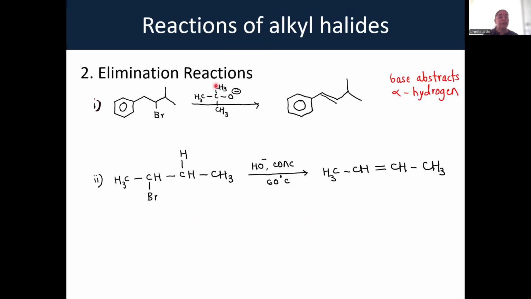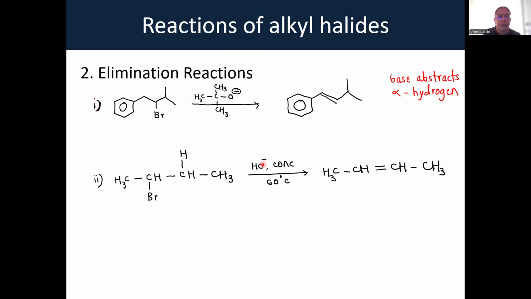Apart from substitution, as I mentioned, there are elimination reactions. Let us see the second example as a simple example of elimination reaction. When you treat an alkyl halide with a very concentrated solution of OH minus at an elevated temperature, then instead of undergoing substitution reaction, it undergoes elimination reaction.